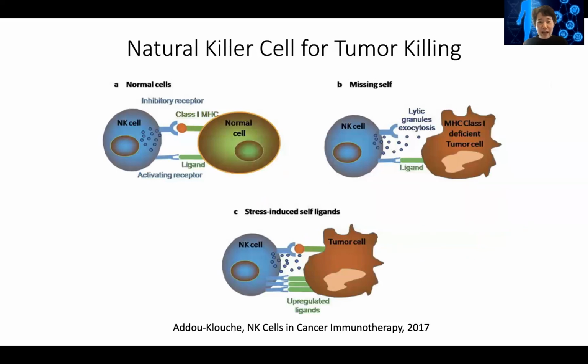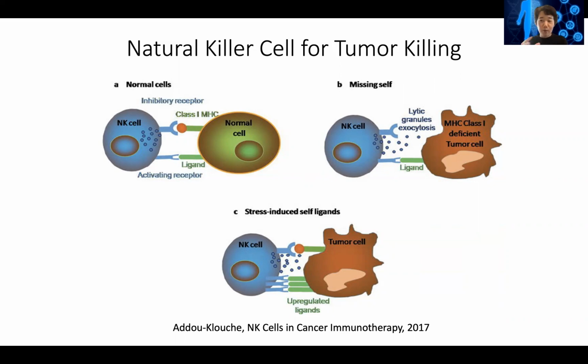And so natural killer cells kill with the following mechanism. Normally, all the normal cells have to express MHC class 1 to present antigen onto the cell surface. And the T cell receptor makes sure that the presented antigen is not foreign.